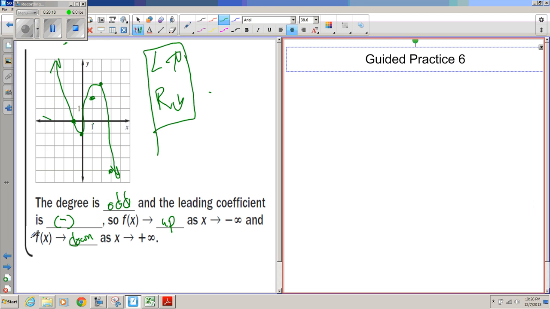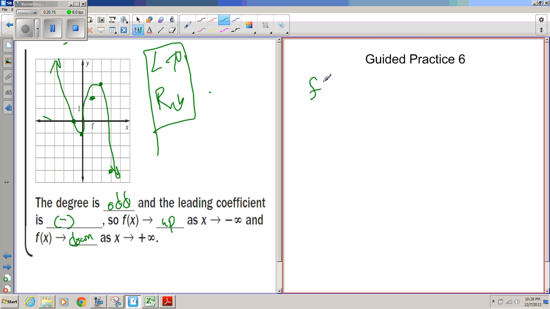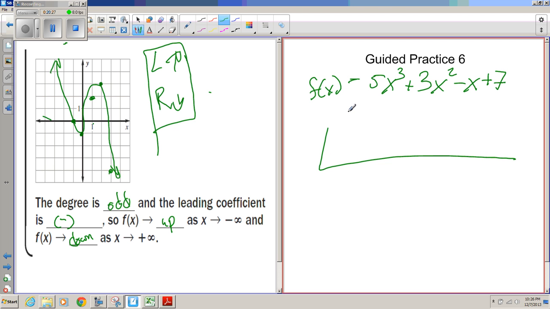All right, guided practice number 6, use synthetic substitution to solve f of x equals 5x cubed plus 3x squared minus x plus 7. So, across the top 5, 3, negative 1, 7. You can do synthetic substitution using x equals 2.